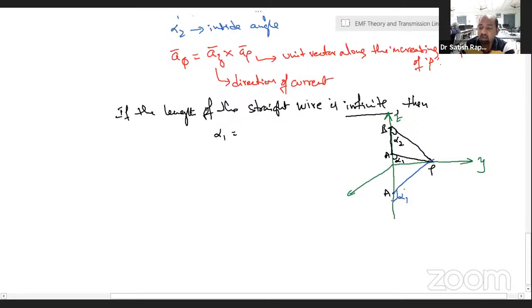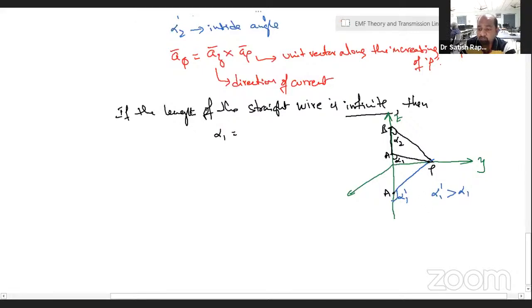Let us say alpha 1 dash, if point A is here. If you compare alpha 1 dash and alpha 1, alpha 1 dash is greater than alpha 1. Alpha 1 is less than 90, alpha 1 dash is greater than 90. That you can tell very easily.